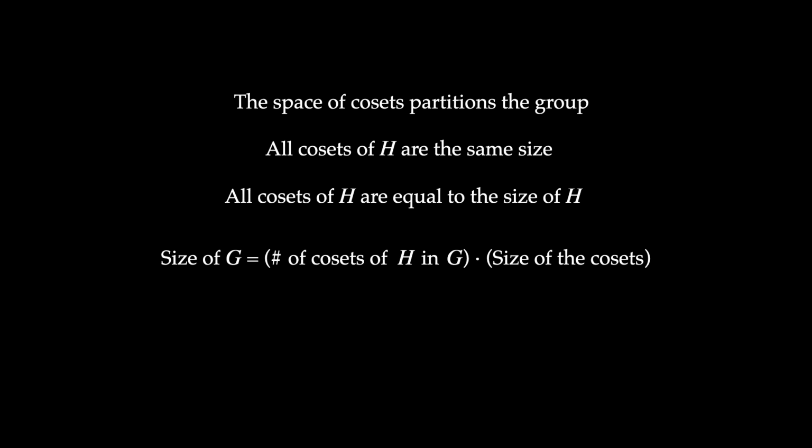When we simplify this a little bit, we can see that the order of G, which is just a fancy word for the size of G, is equal to the index of H in G, which is just a fancy term for the number of cosets of H in G, times the size of the cosets, which we just determined is equal to the size of H. And this means that, in fact, if we have a subgroup H of G, then its order must divide the order of G. And this is very important.